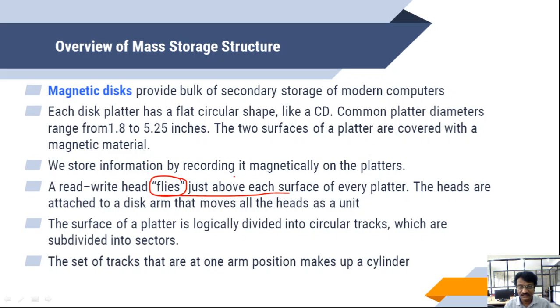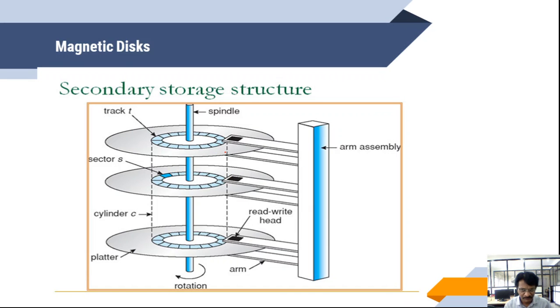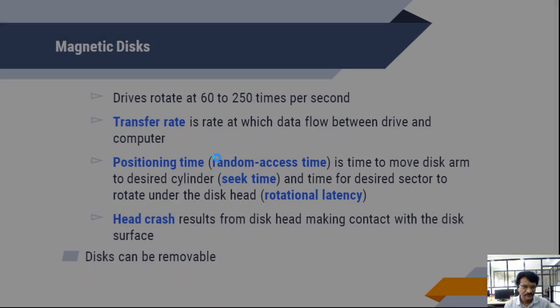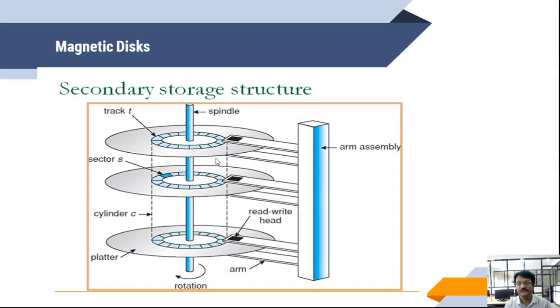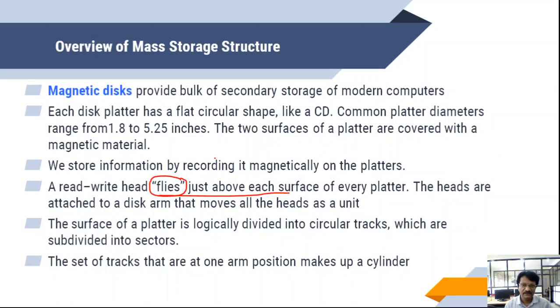It will not touch the platters, because these platters run with very high speed rotation. So the heads fly on the surface, and from that distance only they can read and write to the platters in terms of magnetic writing.